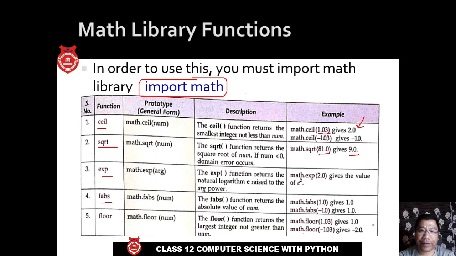It will give the absolute value. math.fabs(1) will give 1, and math.fabs(-1) will also give 1. No minus sign in fabs. All the minus signs will be removed. And floor: the floor function returns the largest integer less than or equal to the number. For example, for 1.03, the floor will give 1.